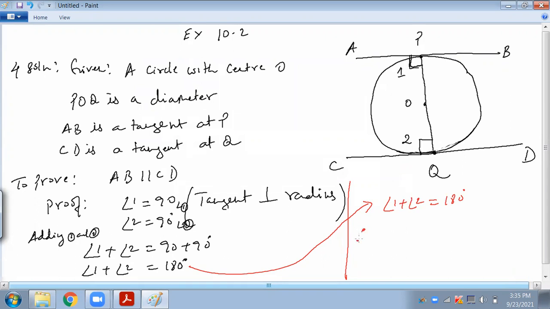Therefore, we can take AB parallel CD. Why? Since sum of the co-interior angles equal to 180. And that is your answer, hence proved.